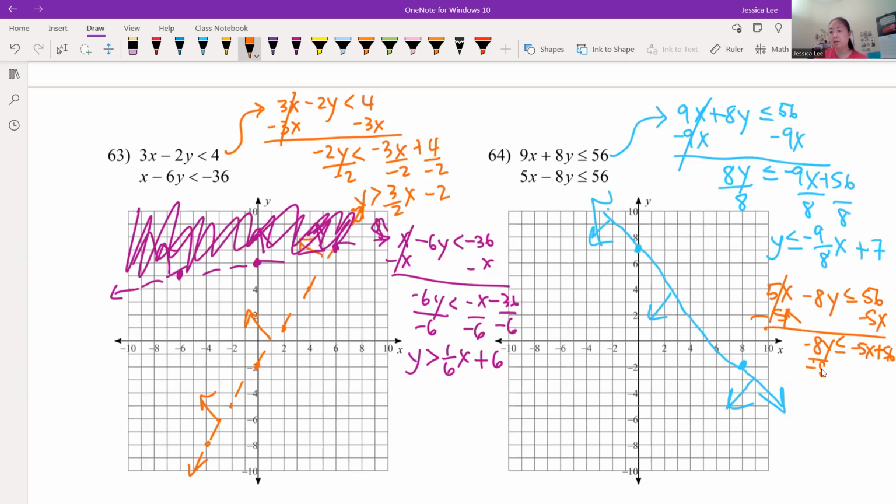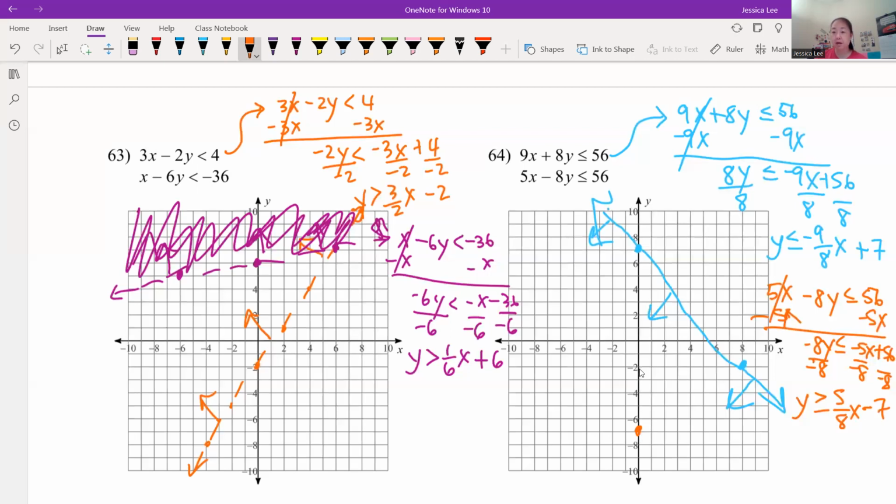Divide by negative 8. And again, flip the inequality because we're dividing by a negative. 5/8 x, and 56 divided by negative 8 is negative 7. So I'm going to be here at negative 7. The big thing that people will get messed up on is the negatives and the flipping. That's going to make a difference. Make sure you're careful with that.